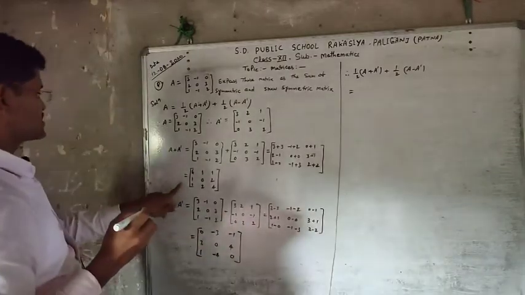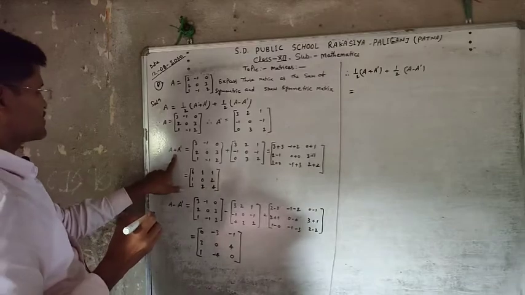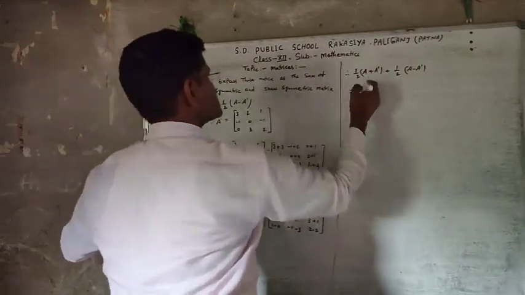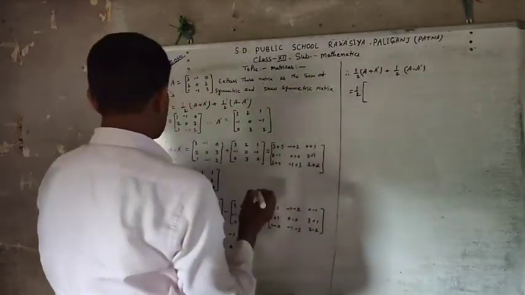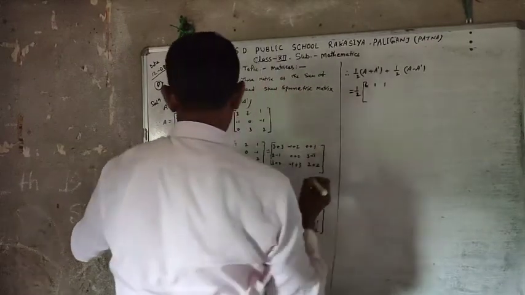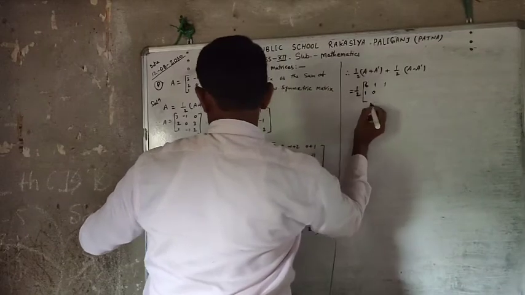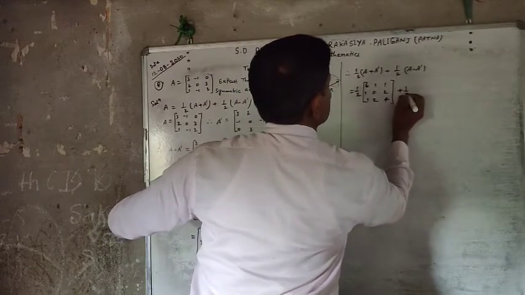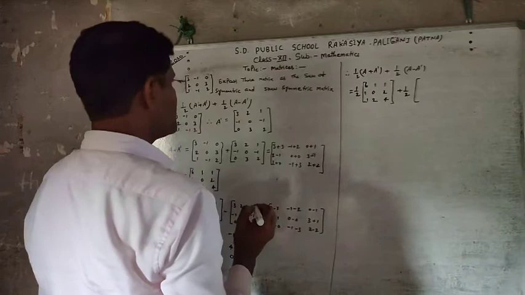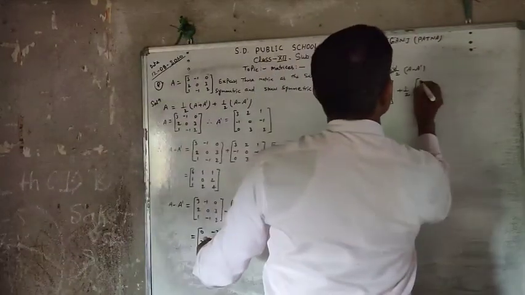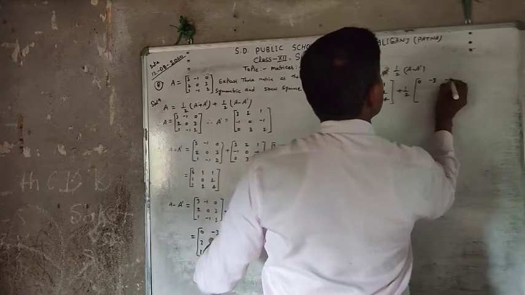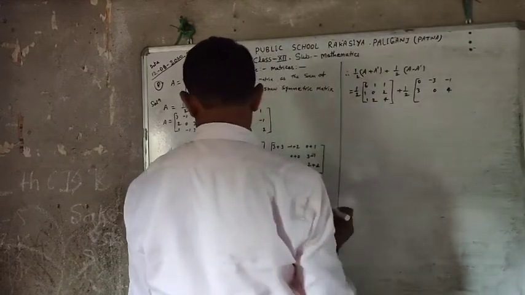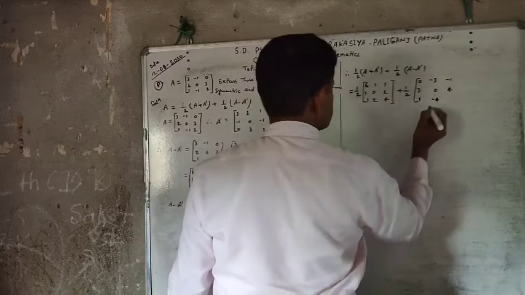We put the matrix A plus A transpose at this place: 1/2 [6, 1, 1; 1, 0, 2; 1, 2, 4] plus 1/2 (A minus A transpose), which is [0, -3, -1; 3, 0, 4; 1, -4, 0].